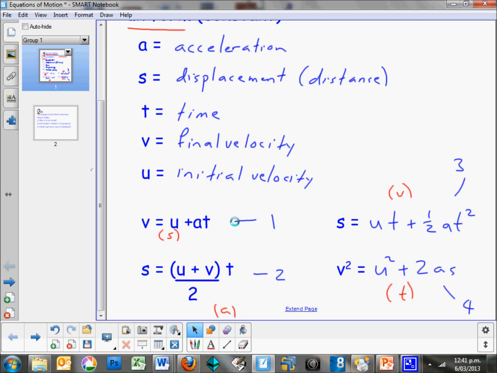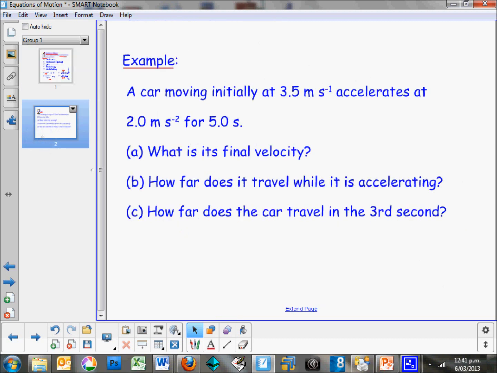So note those 4 equations down, and we're going to have a look now at an example of using those equations, and I'll work through the example on the board here. All right. A car moving initially at 3.5 meters per second accelerates at 2 meters per second squared for 5 seconds.